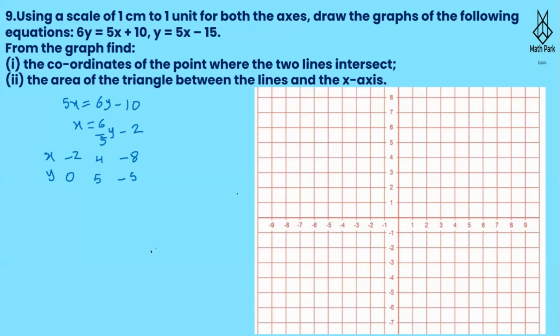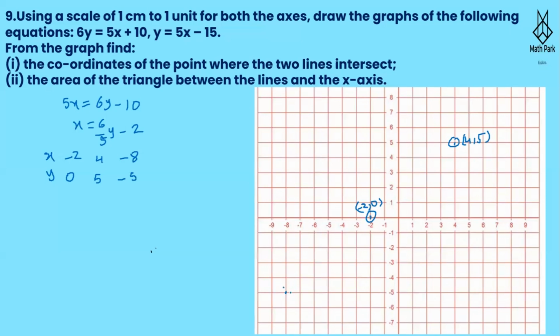We got 3 points. Let us plot them. So (minus 2, 0). This is your (minus 2, 0). Then you have (4, 5). So x is 4 and y is 5. Then the third point is (minus 8, minus 5). So x is minus 8 and y is minus 5.